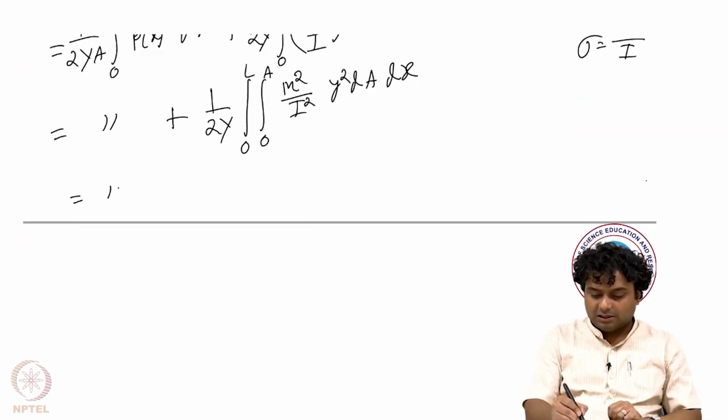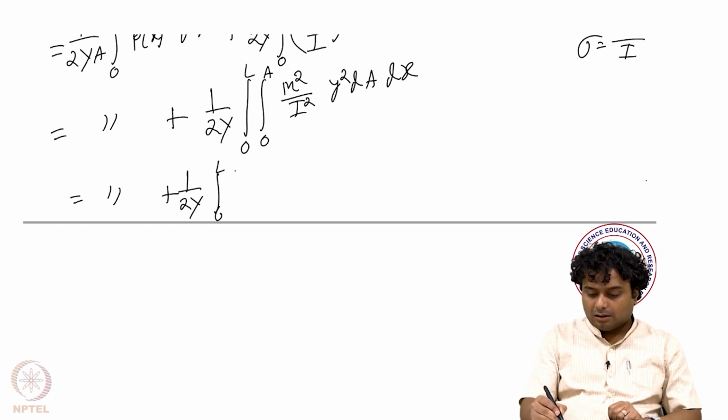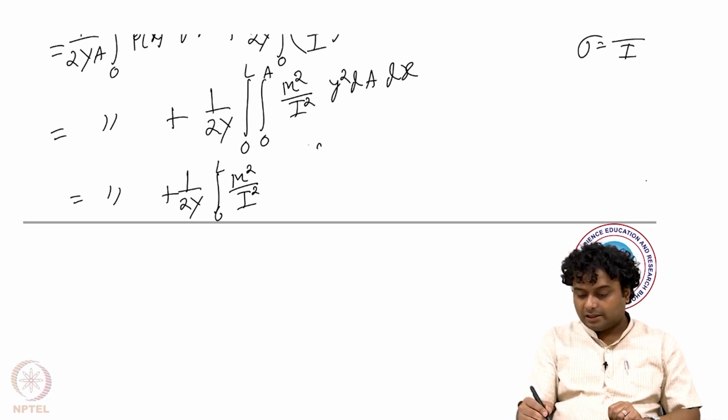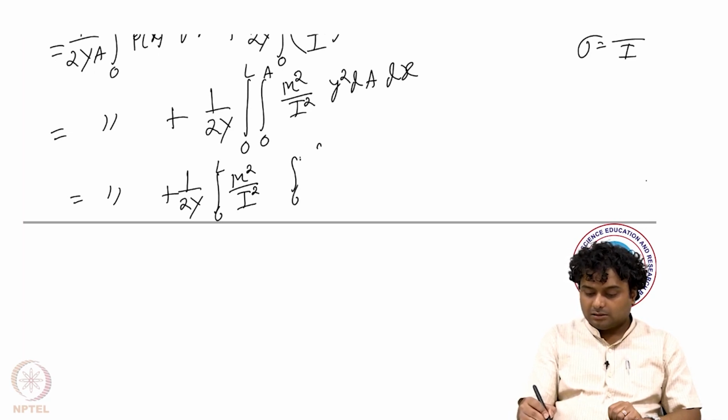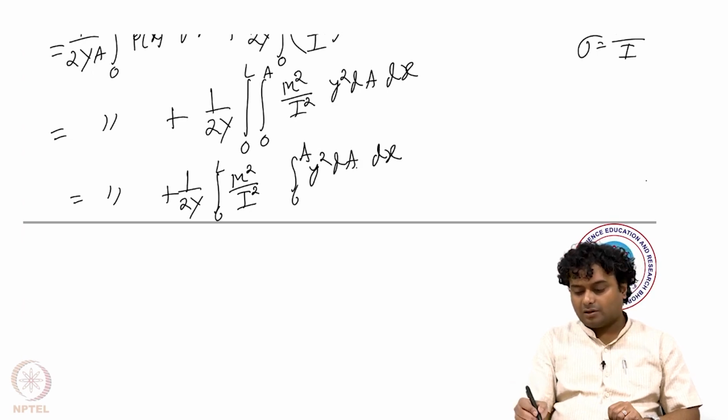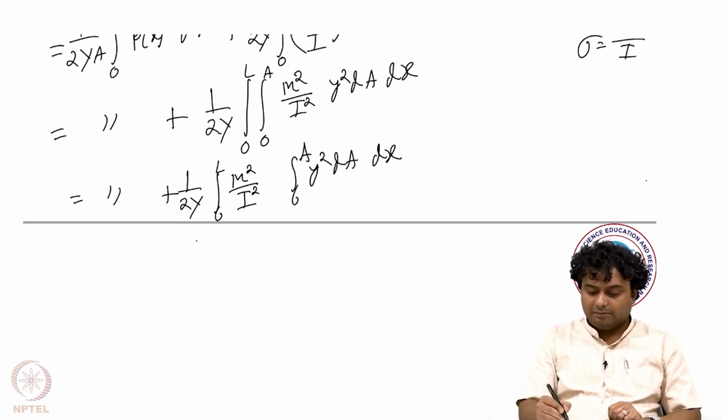Now this part is again the same, and this part is 1 by 2Y, again 0 to L. I can take M square by I square outside, and then we can write 0 to A y square dA into dx. This integration of y square dA over 0 to A is the area moment of inertia, right. So this will give me I.